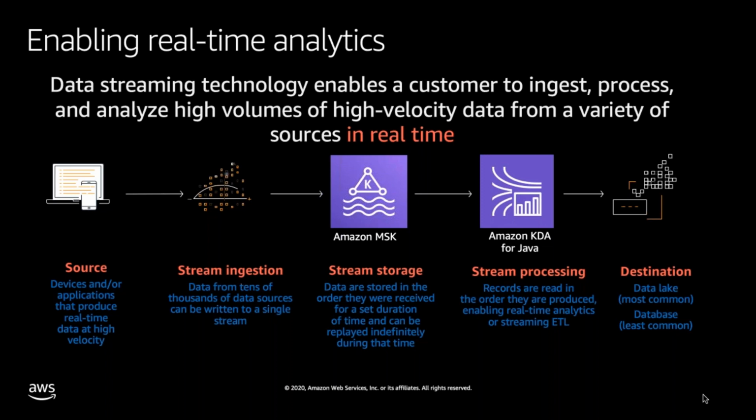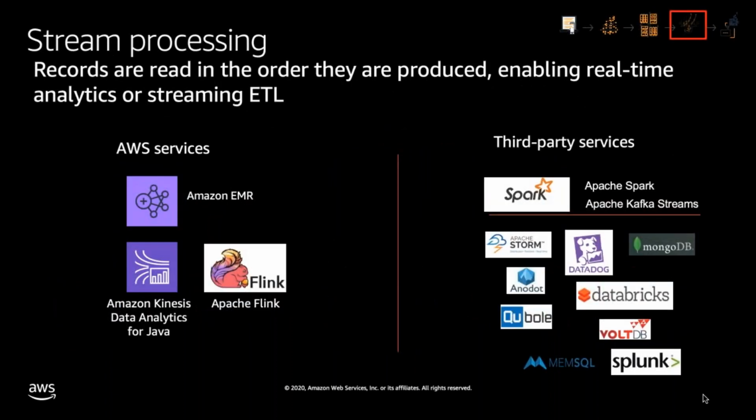We're going to spend some time to talk about it in the next few slides. And the next one is Amazon KDA for Java, Kinesis Data Analytics for Java. This is a service built around Apache Flink, which is another popular open source library built for stream processing.